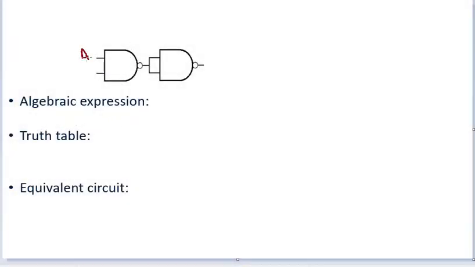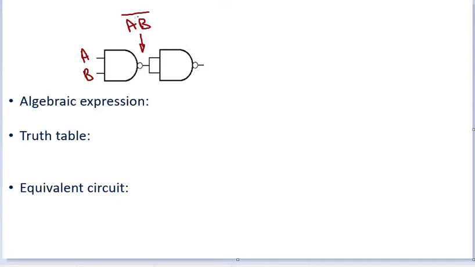So again, in this case, I've got two inputs, A and B. I've got two logic gates, and they're both NAND gates. So here I'm going to have A and B NOTted. And this shows you here, I've got two inputs, but they're both the same because the output of this one is splitting into these two inputs.